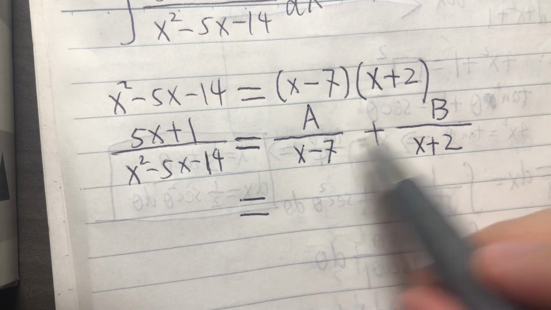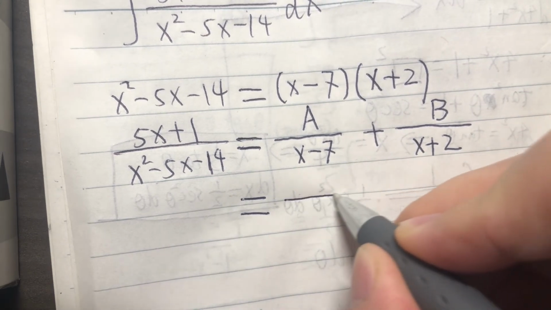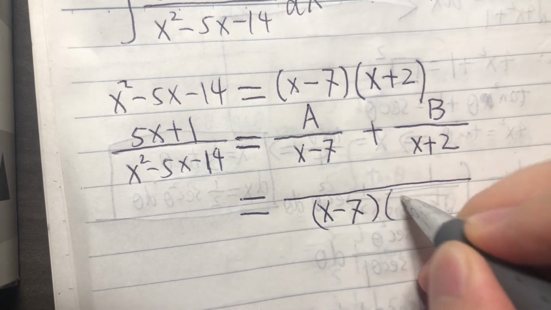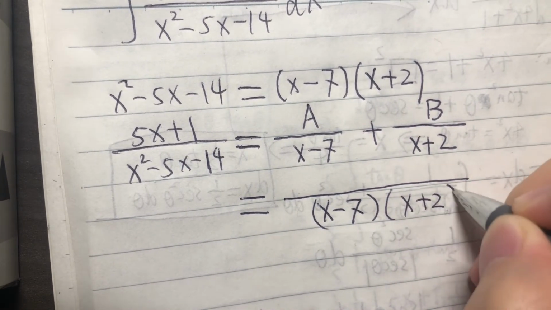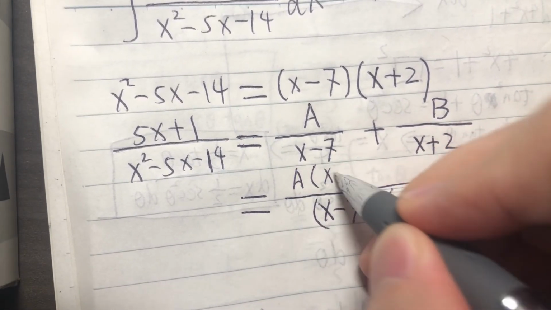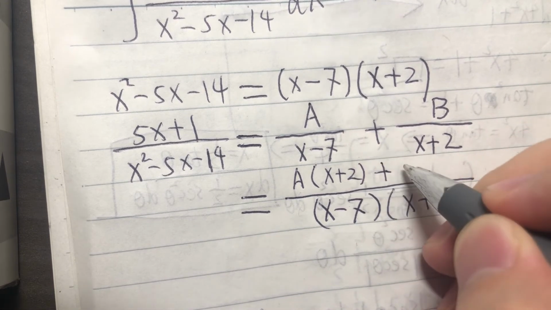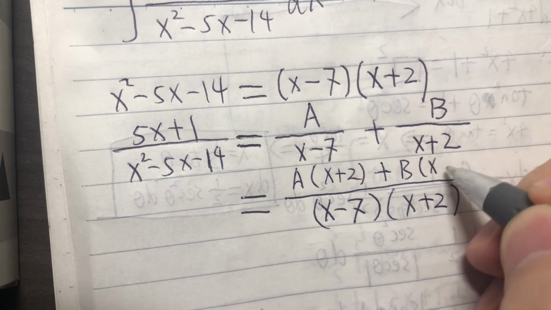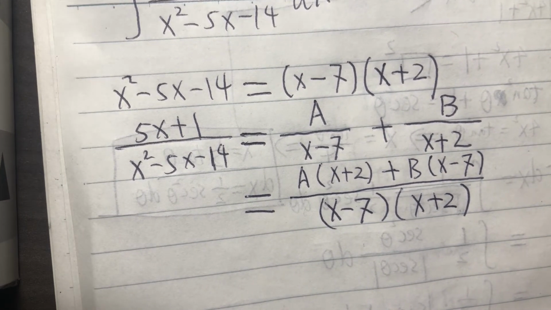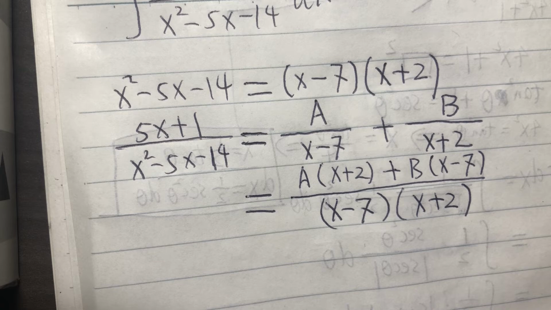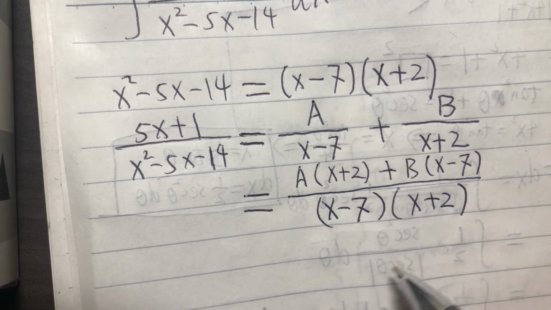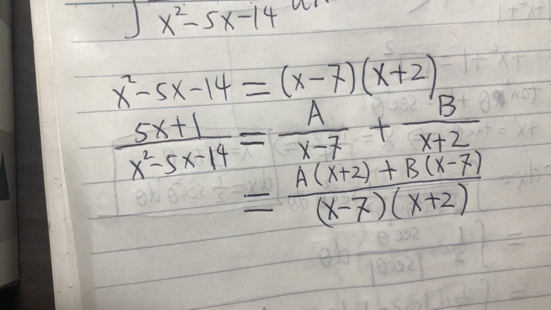Basically, we combine these two terms. So it's x minus 7, x plus 2. The first term is a times x plus 2. The second term is b times x minus 7. And just simplify this by finding the common denominator.